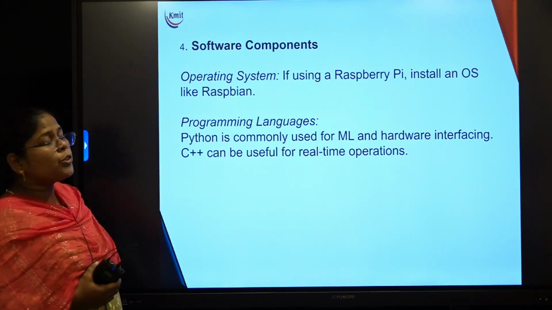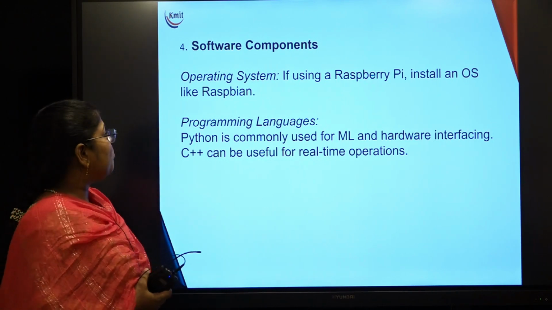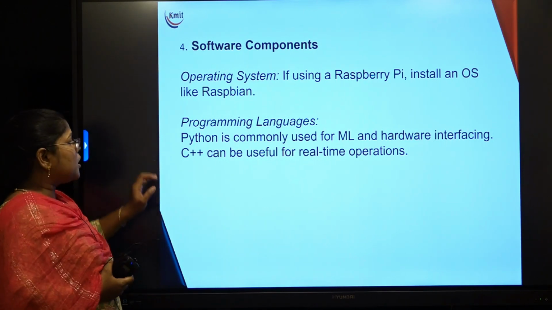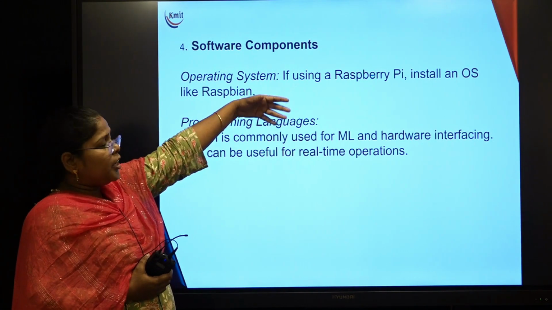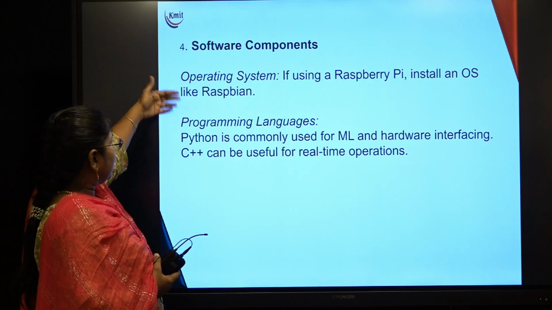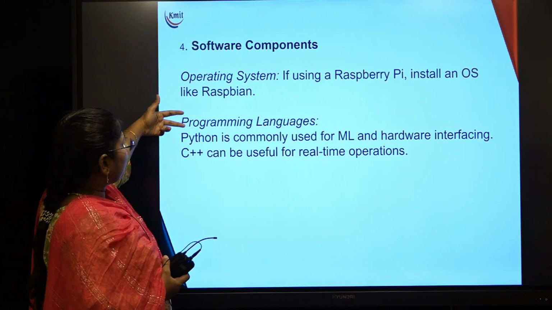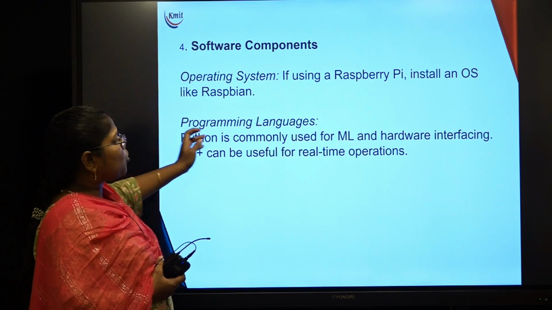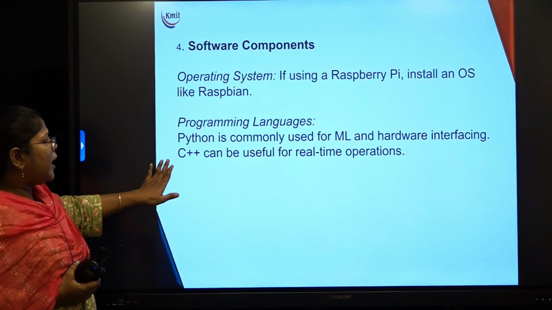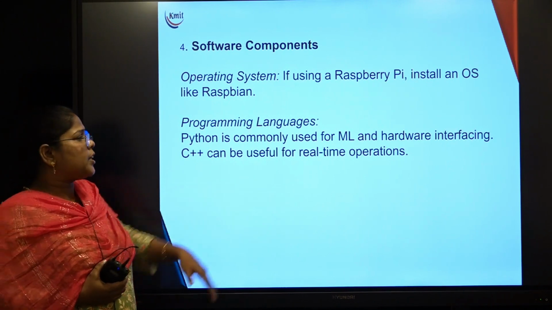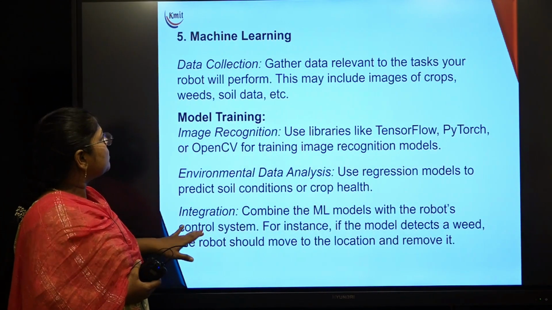So next, coming to the software components required to design the agriculture robot. Operating system: Raspberry Pi installed with Raspbian. Next is programming languages. Python is commonly used for ML and hardware interfacing, and C++ is used for real-time operations.